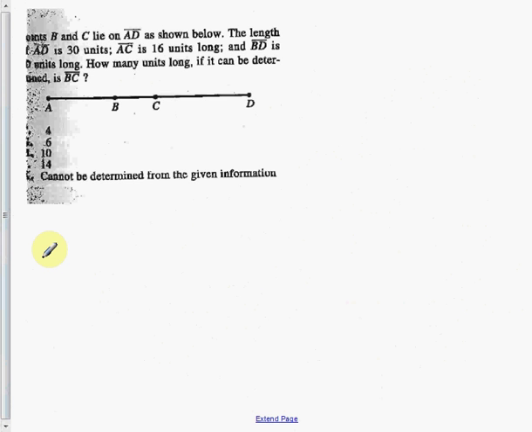Got that. AD is 30. The whole thing is 30, right? AC is 16. So AC, that's 16. The whole thing is 30.